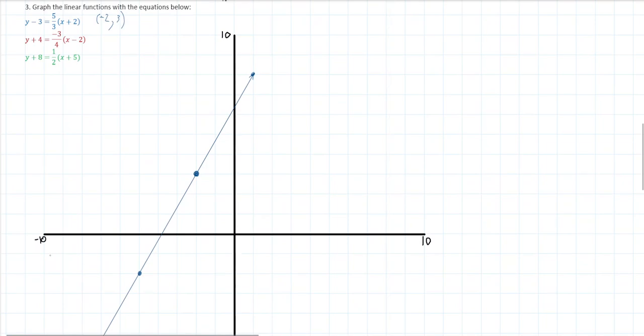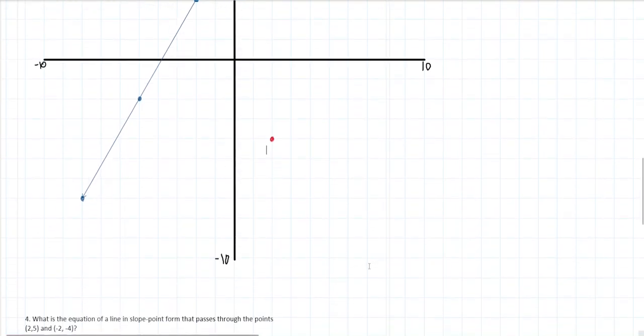Okay, now let's try the red one. So again, we have a function here, so a point here, it's 2 to the right, and then negative 4 down. Then we look at the rise over run. It goes down by 3, to the right by 4.